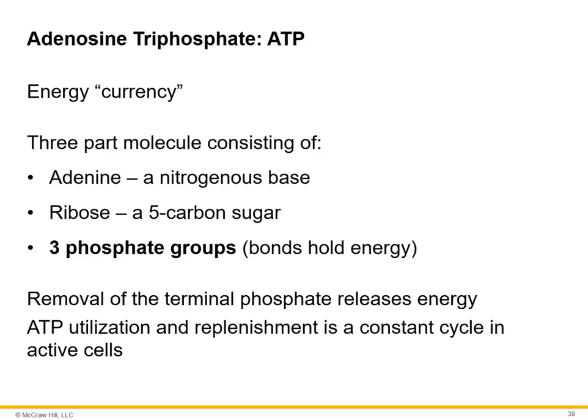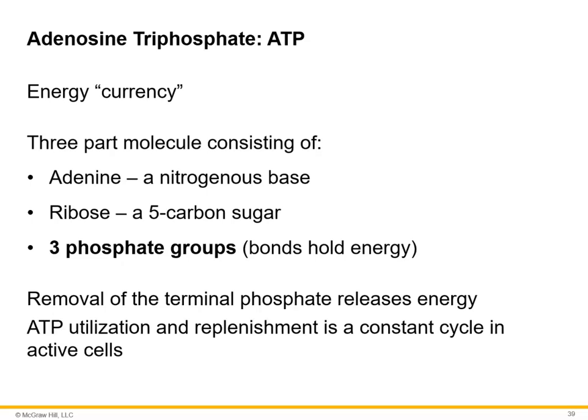Okay, so why are we so obsessed with making ATP in the cell? Well, ATP is going to be the usable form of energy that the cell has. It's essentially like currency. ATP is a 3-part molecule. It has adenine, which is a nitrogenous base. You find it in DNA and RNA. It has ribose, which is a 5-carbon sugar. You find that in RNA.